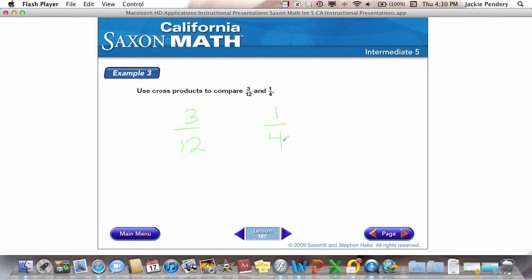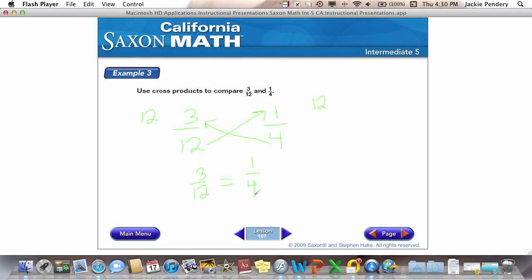I'm going to multiply: 12 times 1 is 12. 3 times 4 is 12. And because the cross multiplication numerators are both 12, 3/12 is equal to 1/4.